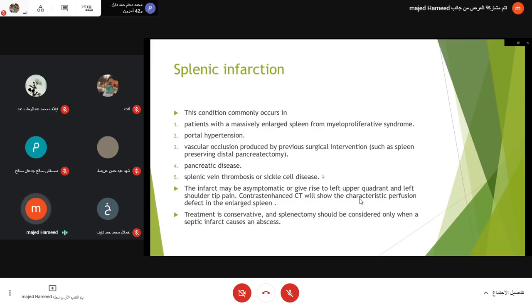The infarct may be asymptomatic or give rise to left upper quadrant and left shoulder tip pain. Contrast enhanced CT will show the characteristic perfusion defect in the enlarged spleen. Treatment is conservative, and splenectomy should be considered only when a septic infarct causes an abscess.